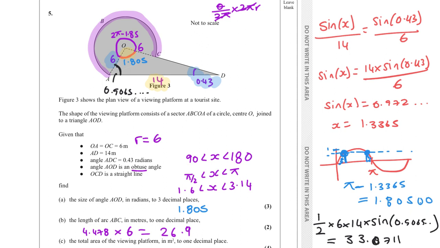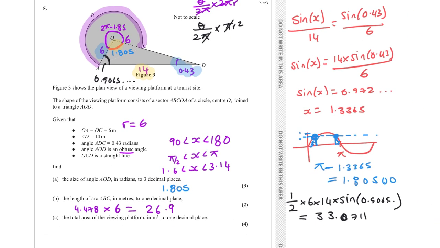And then the area of the sector, I know, is theta over 2 pi times pi r squared. Yeah. Theta over 2 times r squared. So the angle, 4.478 over 2 times 6 squared plus 33.0711.